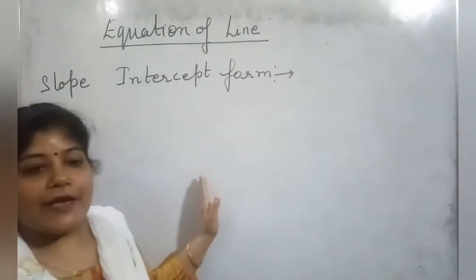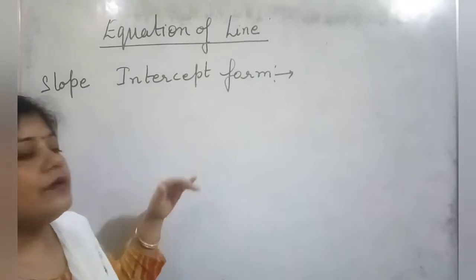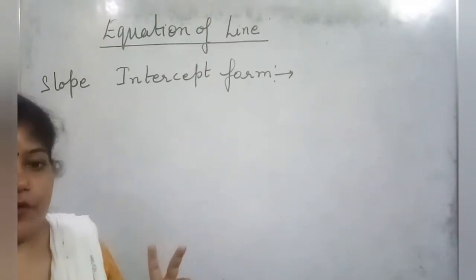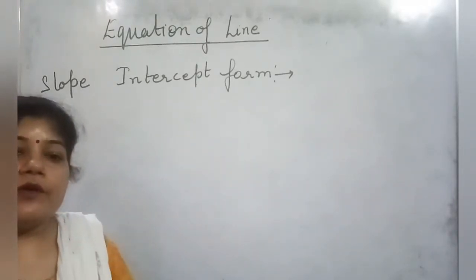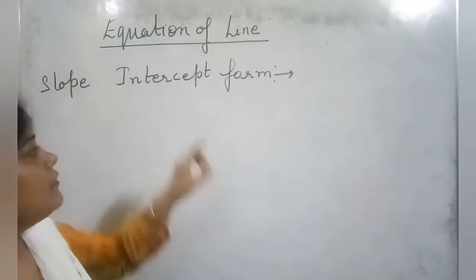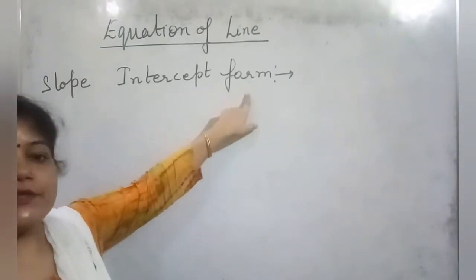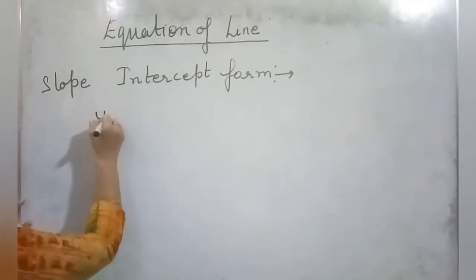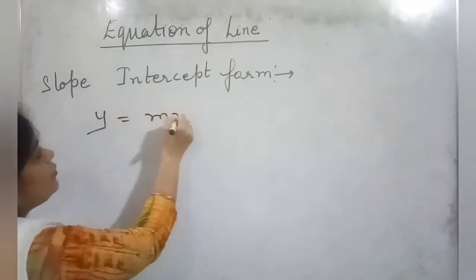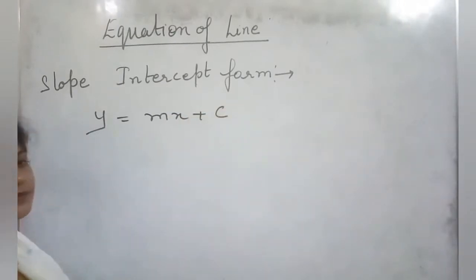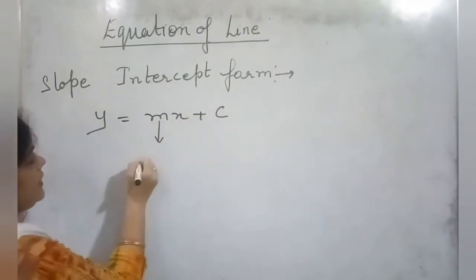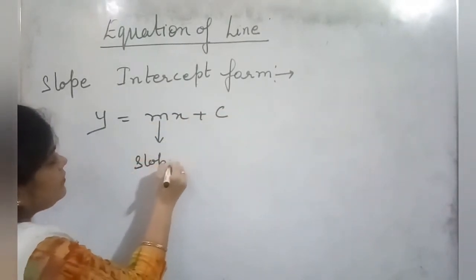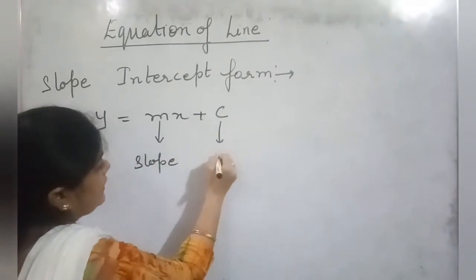Actually, equation of line can be found in different cases by different formulas. One by one I am going to explain each and every case. First case is slope intercept form. In this form we have the equation y is equal to mx plus c, where m is the slope and c is the intercept.